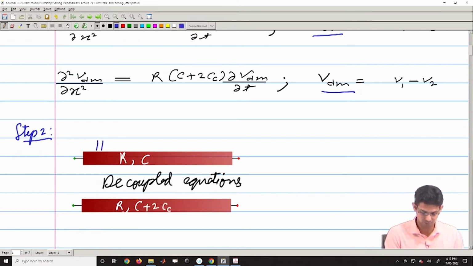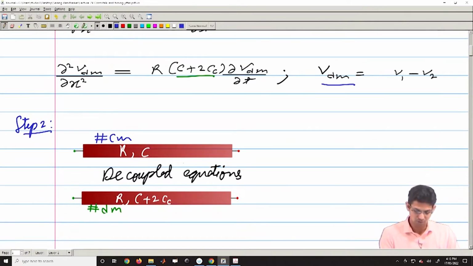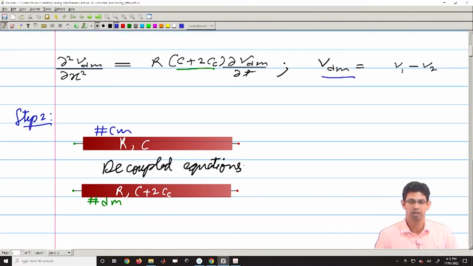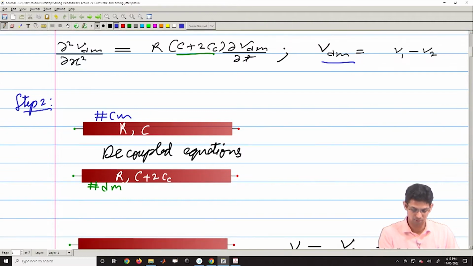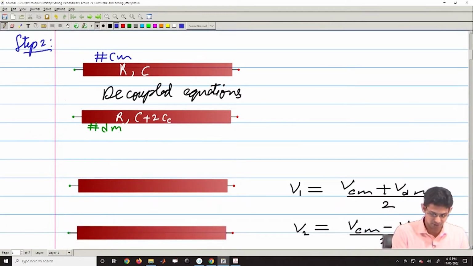This is for the differential mode, because here the capacitance is C plus 2Cc, and for the common mode it is just C. So, we then solve the equations for these two decoupled interconnects.